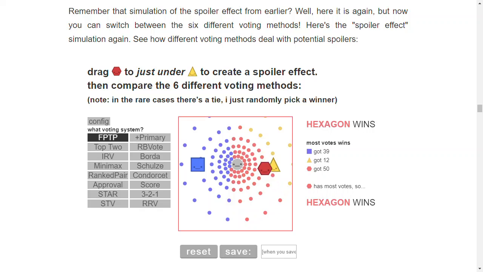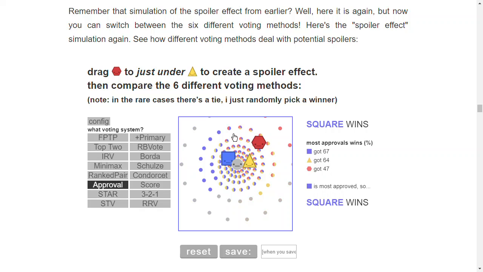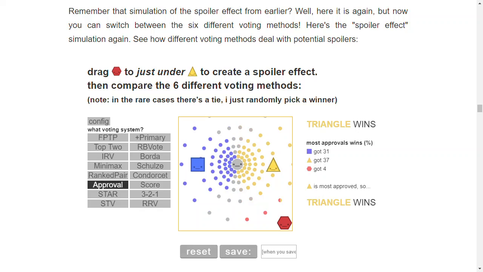But if red moves over here, and let's just move this around a little bit. Oh, I had it on the wrong setting. So reset and go to approval. Okay, so Nicky's example here is kind of wrong because all these people vote for yellow, but people that are further away don't vote for anybody. These people would vote in an election, and I think Nicky's example is a little wrong here.